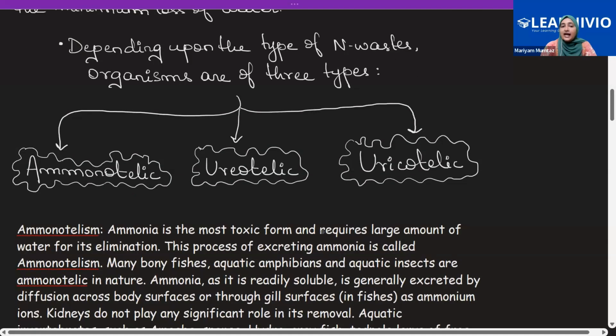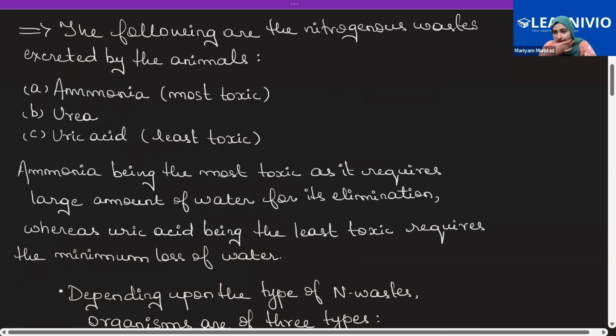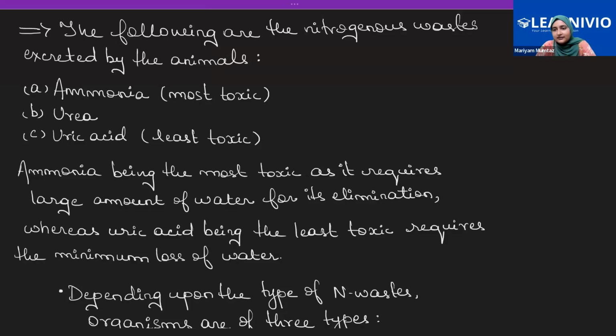Now, many people suffer from uric acid, right? But then how can it be the least toxic if several people suffer? See, least toxic doesn't mean it's not toxic at all. Out of them, this is the one that is comparatively less toxic. But still it is toxic. Still it is bad.